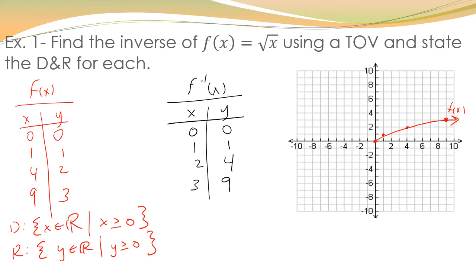So we're ready to plot our points. And some of these are the same points. So (0, 0), (1, 1), (2, 4), and (3, 9). And there is f inverse of x. Domain.